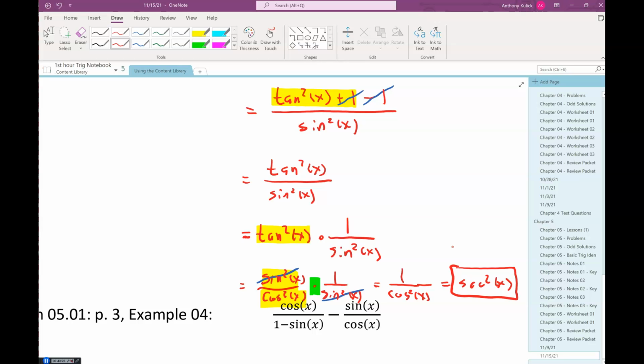But in general, in my experience, the biggest stumbling block for students beginning on these is their algebra skills. They start doing things that are not okay to do algebraically, and that's why they get things wrong. It's not the trig identity part.